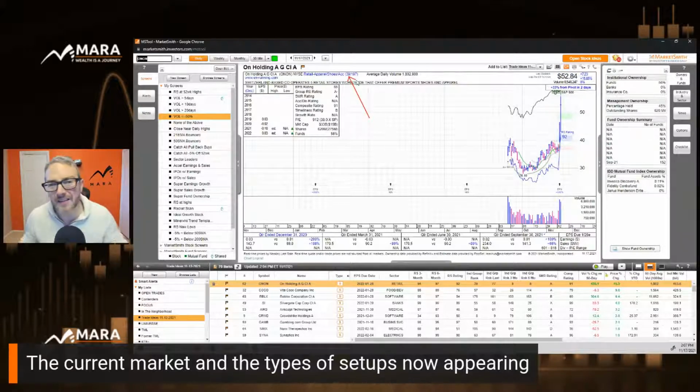And you don't necessarily need a tool like MarketSmith to find this. You could find which groups are leading through other means. You could look at sector ETFs, take a look at those charts, and see which way they're moving.